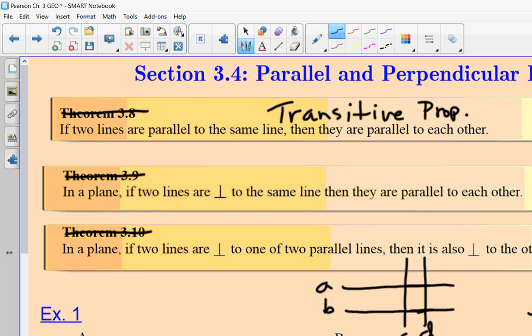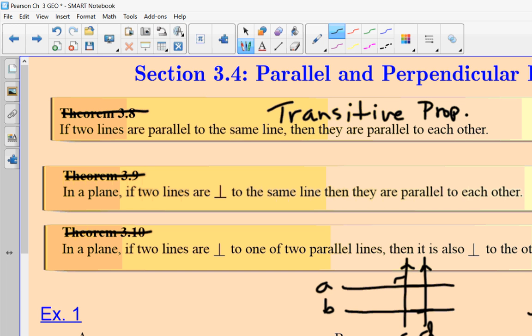In a plane, if two lines are perpendicular to one of two parallel lines, so we could kind of play here. I'm going to call C and D my parallel lines. And if A and B are perpendicular to one of them, so let's say it's perpendicular to C, okay?